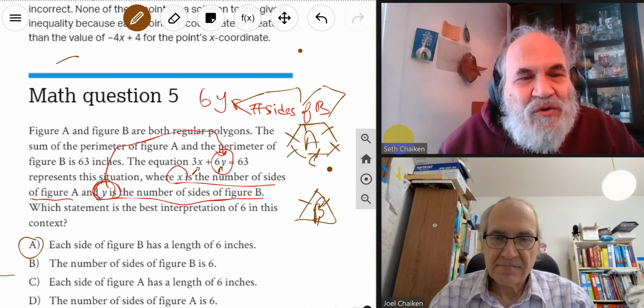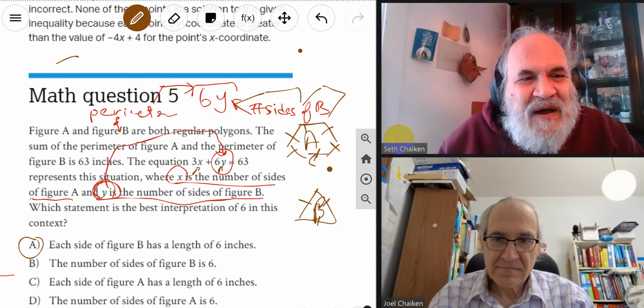The whole thing is the perimeter of polygon B. That's the whole thing.